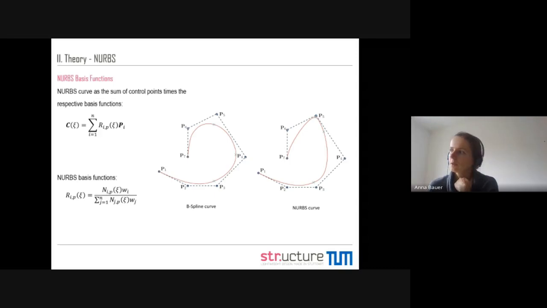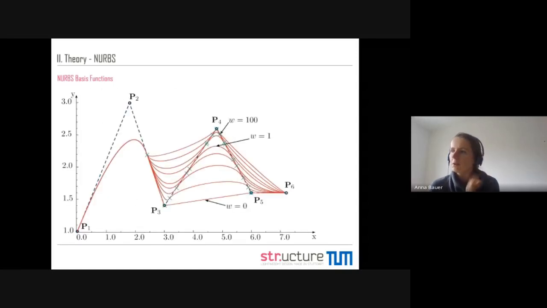And if the weight is higher, the curve is attracted to the respective point. So here you can see a curve for different weights of 0.4. So if the weight is really high, the curve is almost interpolating the fourth control point. Whereas if it is 0, it's completely ignoring it.